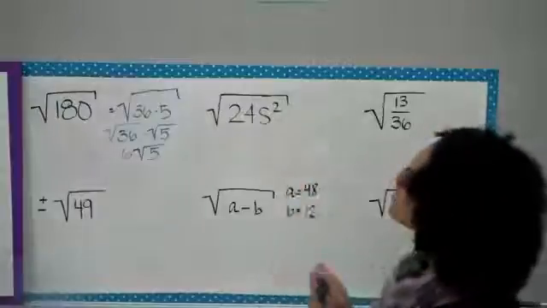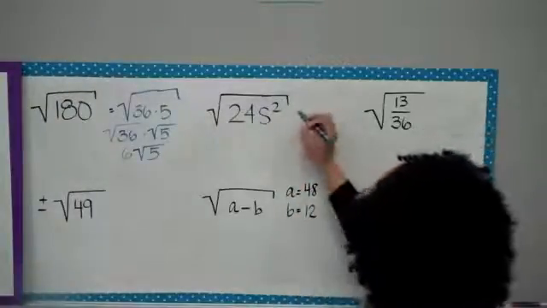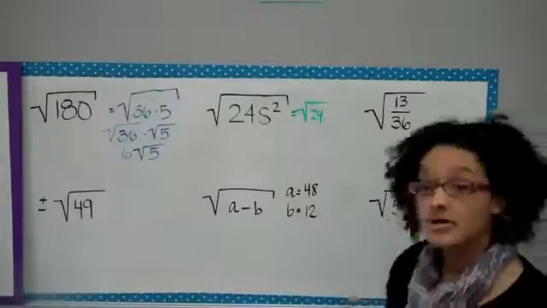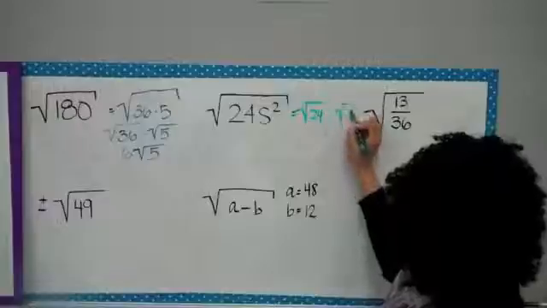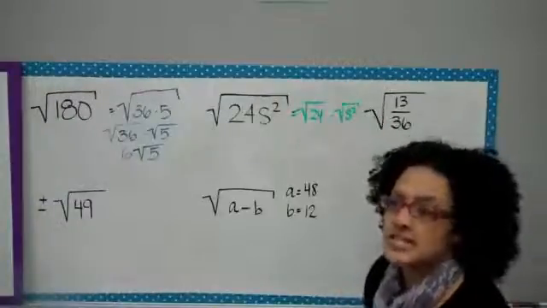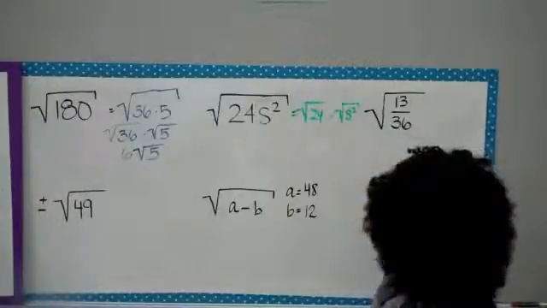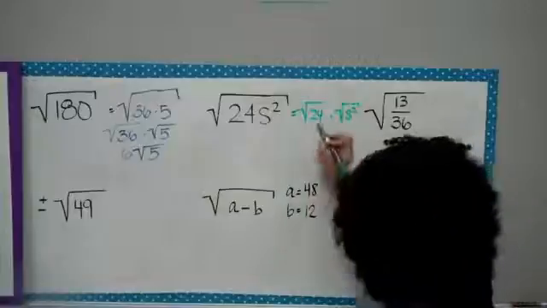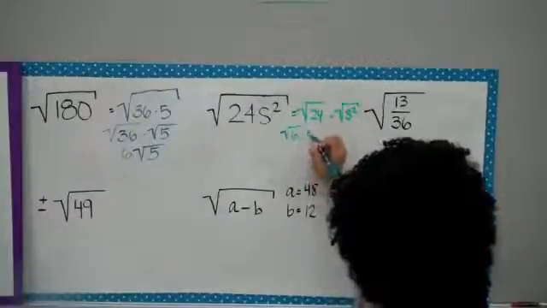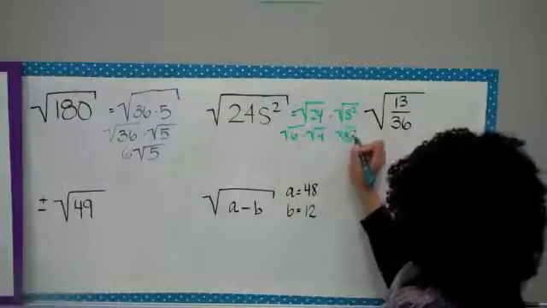Let's try another one. Square root of 24s squared. Well, I know that that's the same thing as the square root of 24 times the square root of s squared. 24, let's see, 8 times 3, those are not perfect squares. 12 times 2, no perfect squares. 6 times 4, 4 is a perfect square. So this is square root of 6, square root of 4, square root of s squared.